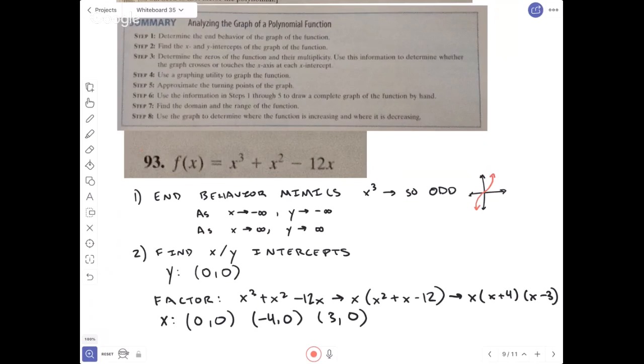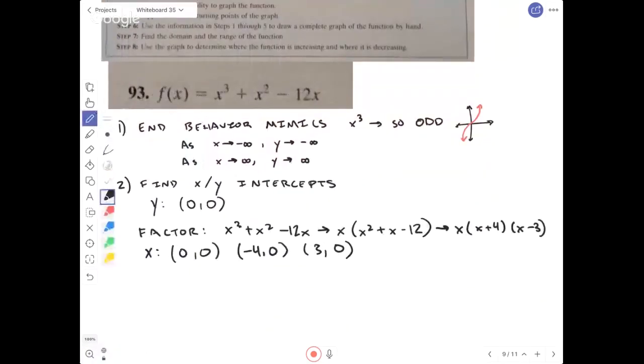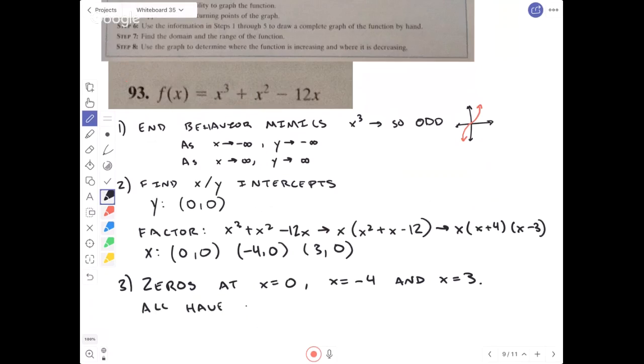So pretty straightforwardly, I can see that all of these have odd multiplicity. So I'm on step 3, zeros. At x equals 0, x equals -4, and x equals 3, all have odd multiplicity.